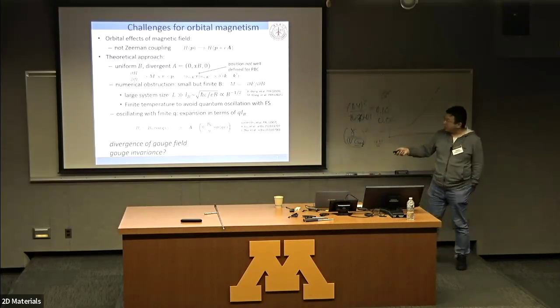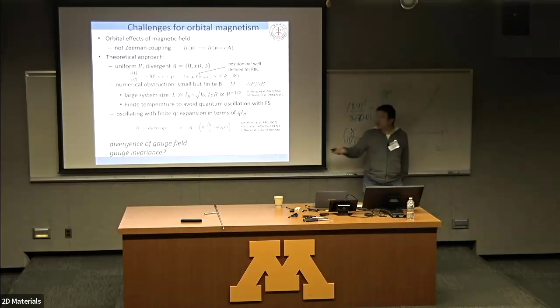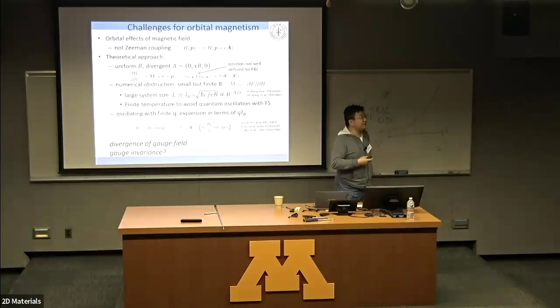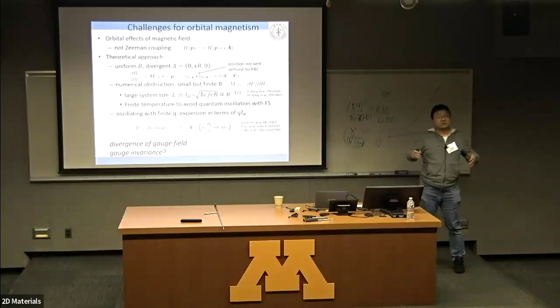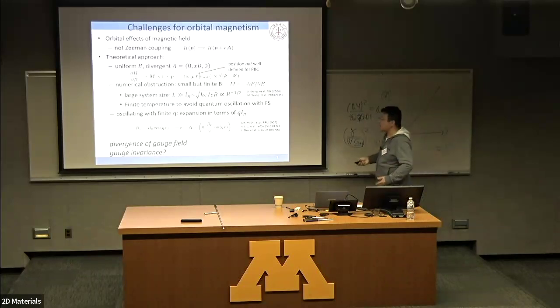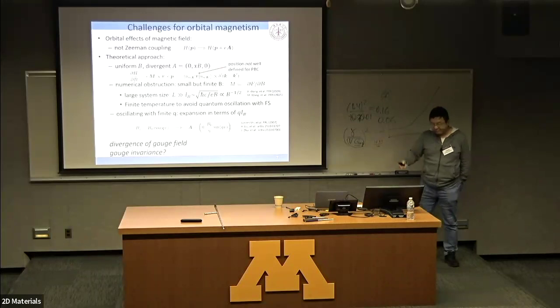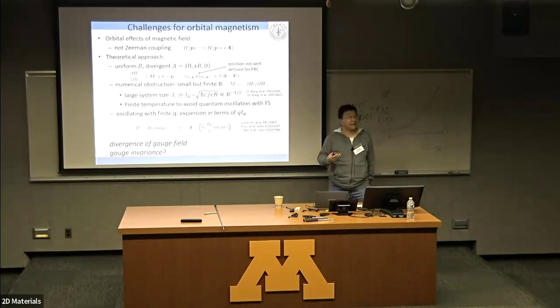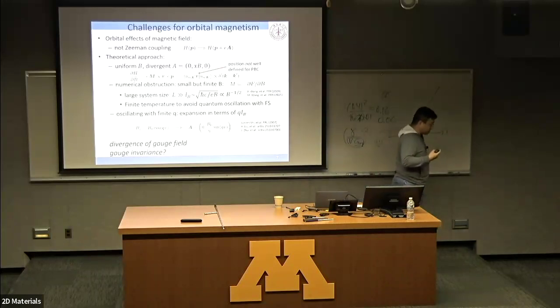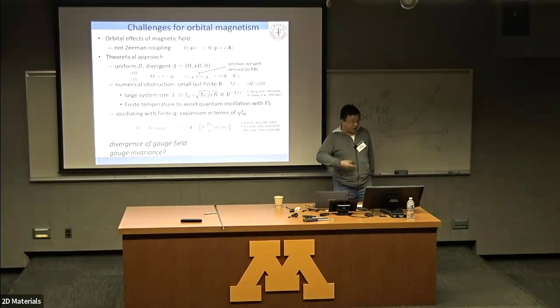So we have two different issues: one is the divergence of the gauge field, and the other is whether the result is gauge invariant. It turns out that these two issues are actually the same thing. They are really just two sides of one coin, which I will discuss.